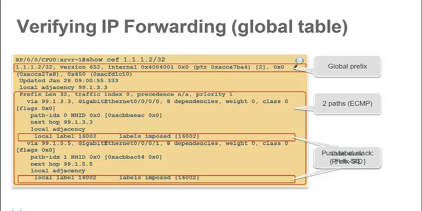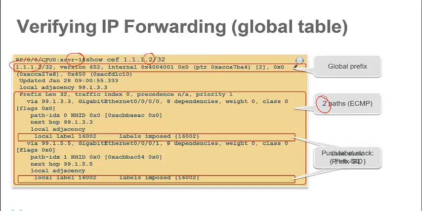Verifying IP forwarding global table. So I'm in router 1. I'm checking for router 2's prefix. Right? So what I see is there are two paths.